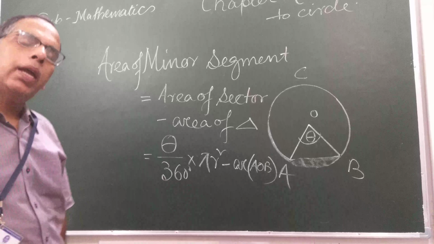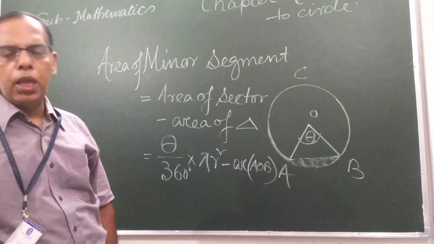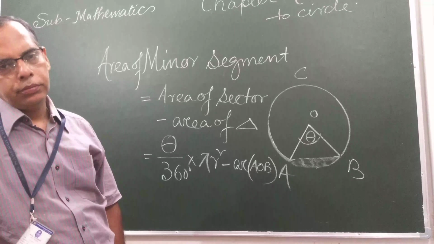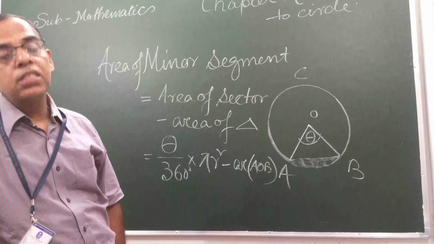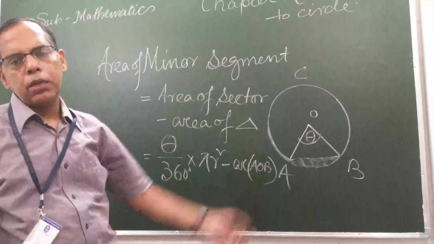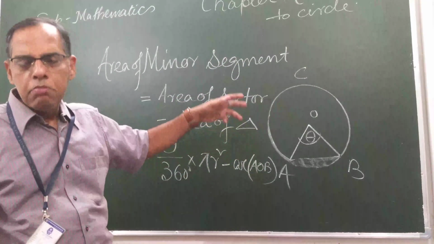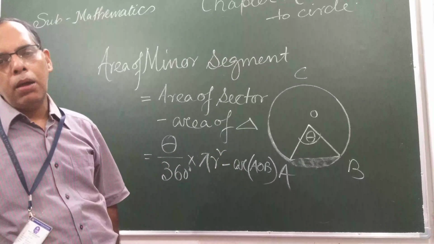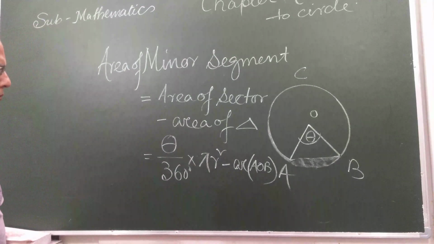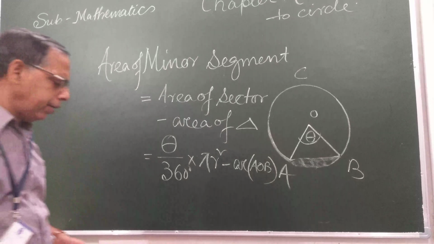Now how to find the area of the major segment? Can you think how to find it? Simple. Area of the circle minus area of the minor segment. I hope all of you have written.